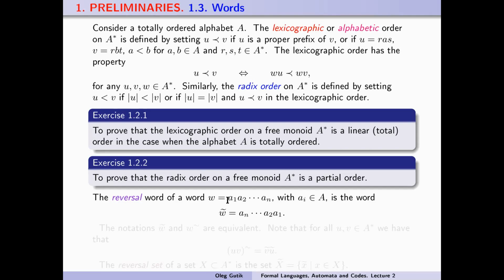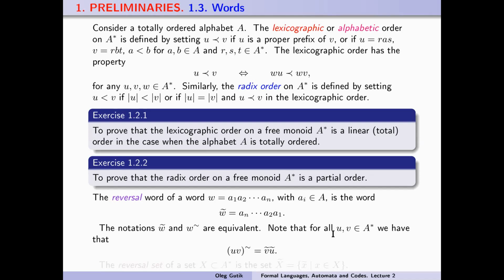If you write our word from left to right, the reversal word is written from right to left. Later, we shall use the terms w with tilde and w with tilde in power as equivalent terms.